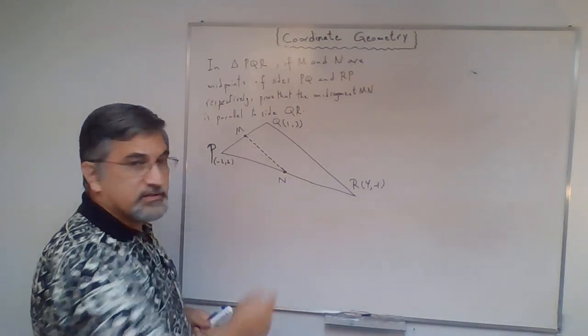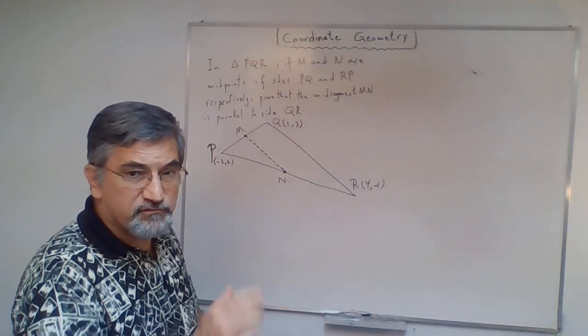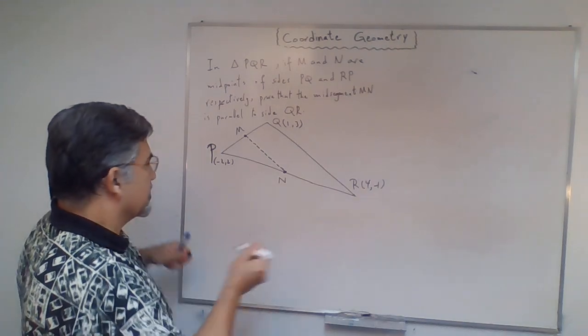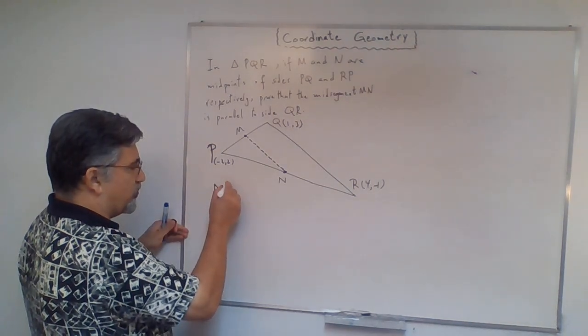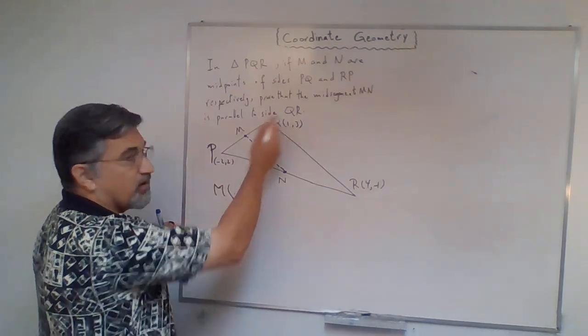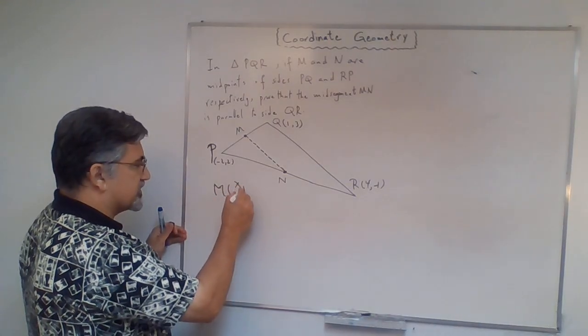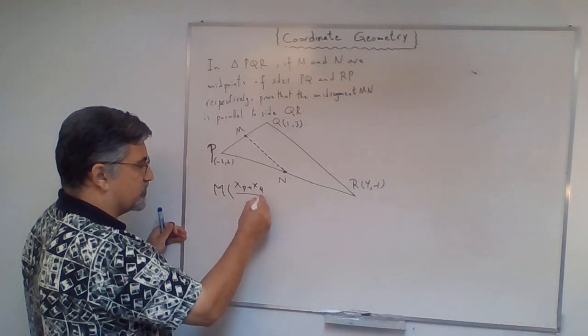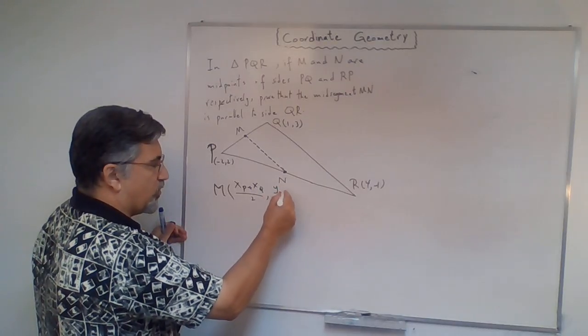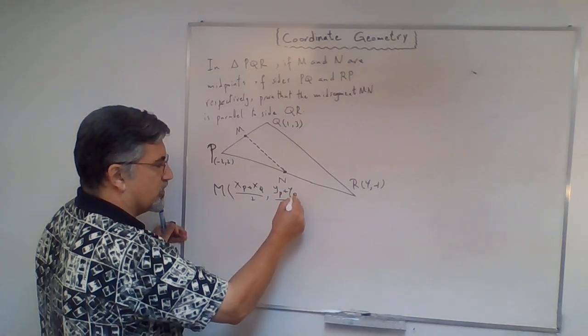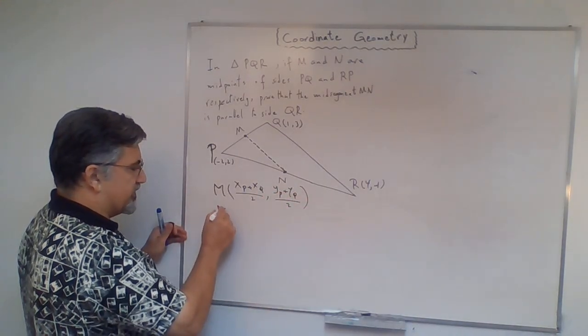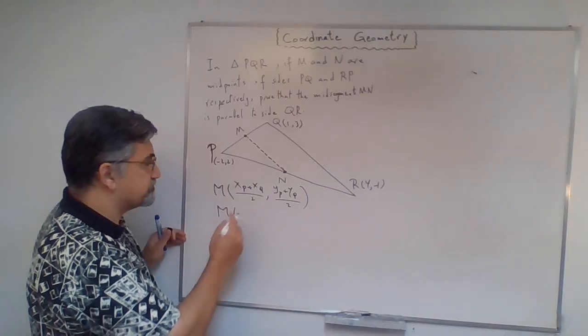So I'm going to find coordinates of the midpoints first of all to begin with. So point M is the midpoint of side PQ. So it's going to be x of P plus x of Q divided by 2, y of P plus y of Q divided by 2. And now we can plug in the numbers.